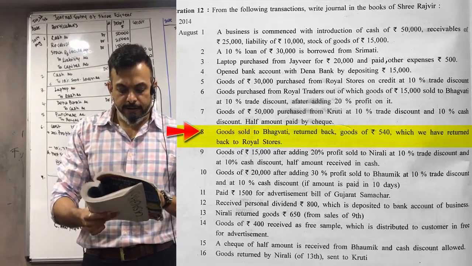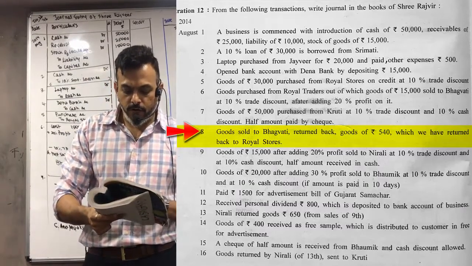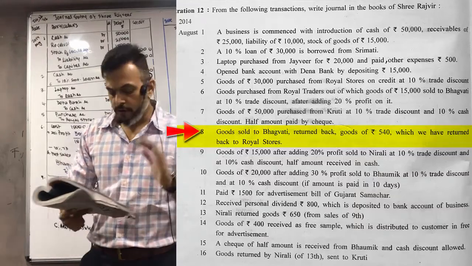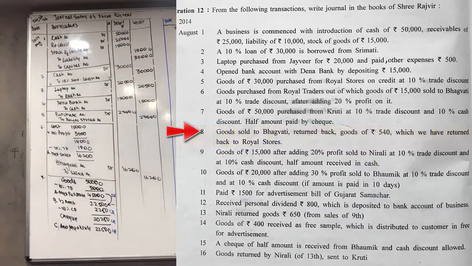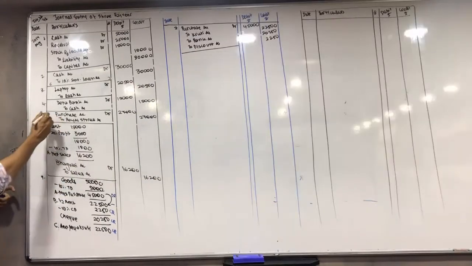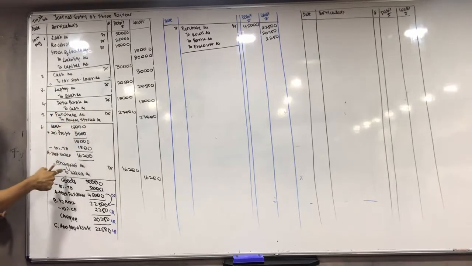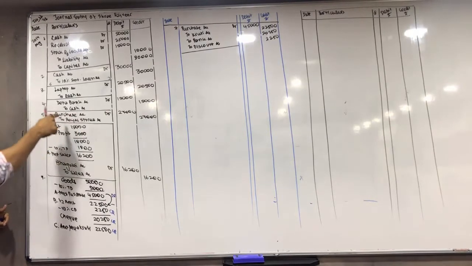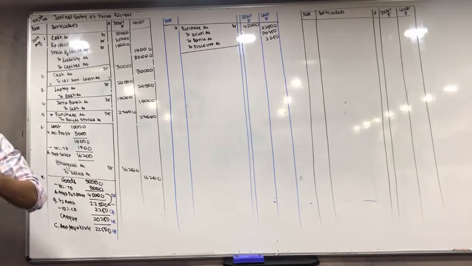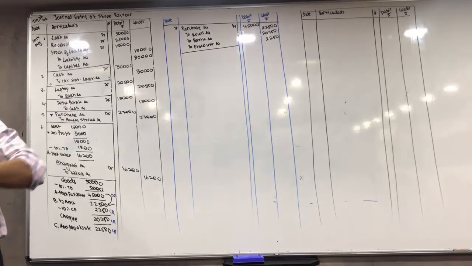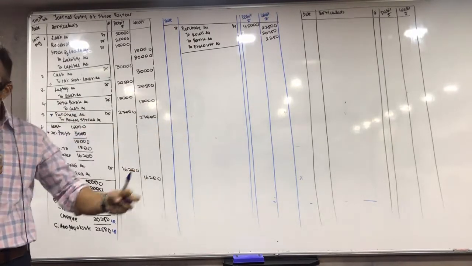Goods sold to Bhagwati returned back goods of 540 which we have returned back to Royal Stores. Now what is happening? We purchased from Royal Stores. We sold out of this 15,000 of goods to Bhagwati. Now Bhagwati returned goods to us. To whom did we give those goods back? To Royal Stores. You understood this? I purchased from someone, sold some of it, now that has become sales return, so I will pick up these same goods and give them back. Purchase return will also happen.